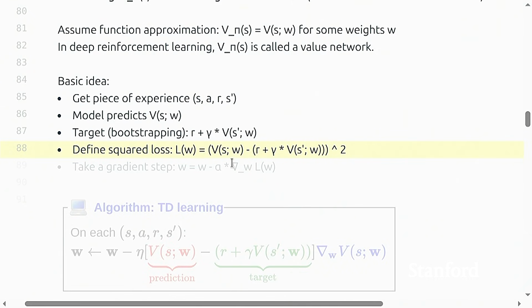I'm just going to use the square loss here, the squared difference between the model's prediction and the target. And then, given that loss function, I can just take a gradient step by moving the weights in the opposite direction of the gradient of this loss function.